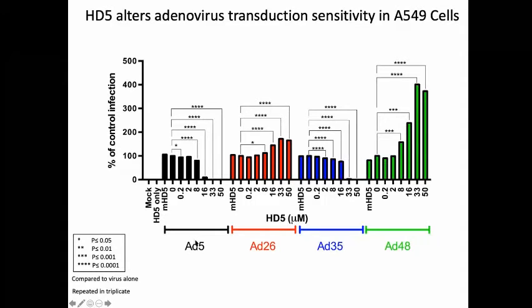So let's look at Ad5 first. We have some controls over here, but we don't really have to focus on that right now. So we have the number 0. This means this is wild-type adenovirus 5 at a very specific concentration of virus. And what we've done here is we infected our tissue culture cells, and we looked for EGFP output, and we normalized that to 100%. And then we asked the question, which adenoviruses in each one of these experimental conditions, but the difference is, it's not the concentration of adenovirus, the difference is the concentration of alpha defensin 5.